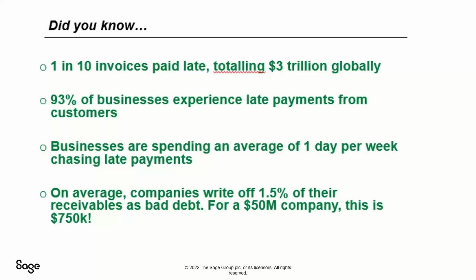Another question that was asked during registration was how you chase for payments. And again, 90% of you on the call today are manually emailing and calling your customers to remind them. So that means you're spending a day a week or more purely on admin. So that's the running of aged debt reports, manually going through and chasing for payments.